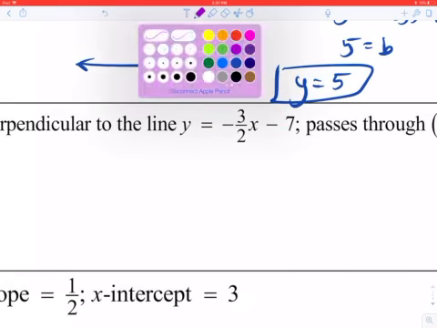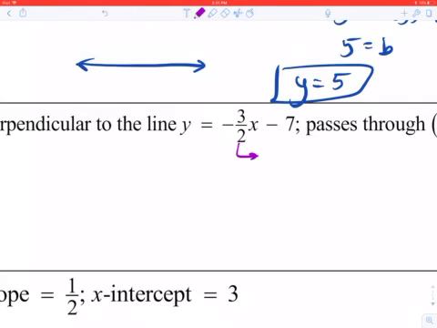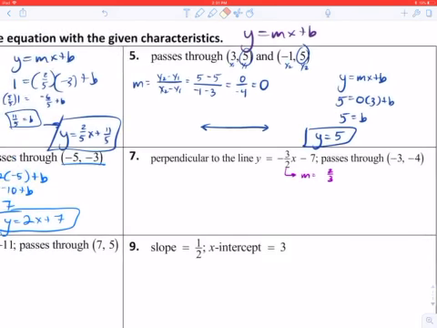Now they already tell me the slope of this line. I can figure out my opposite reciprocal by taking the opposite sign, which would be positive. I'll put a plus, but you normally wouldn't write the plus. And then taking the reciprocal of the fraction, which means I flip it. So that's my slope. And I'm going to do these problems similarly.